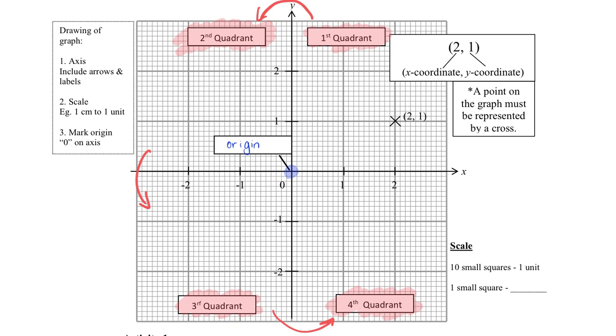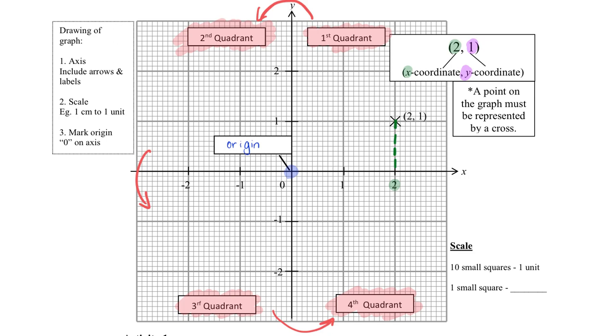Next thing to take note of is how we find a point. So I usually like to use this. We start with the letter x. The x coordinate means the position of the point along x, and then the y coordinate. So what does this point mean? This point means that at x equals 2, if I were to draw a dotted line up, the x coordinate is 2.